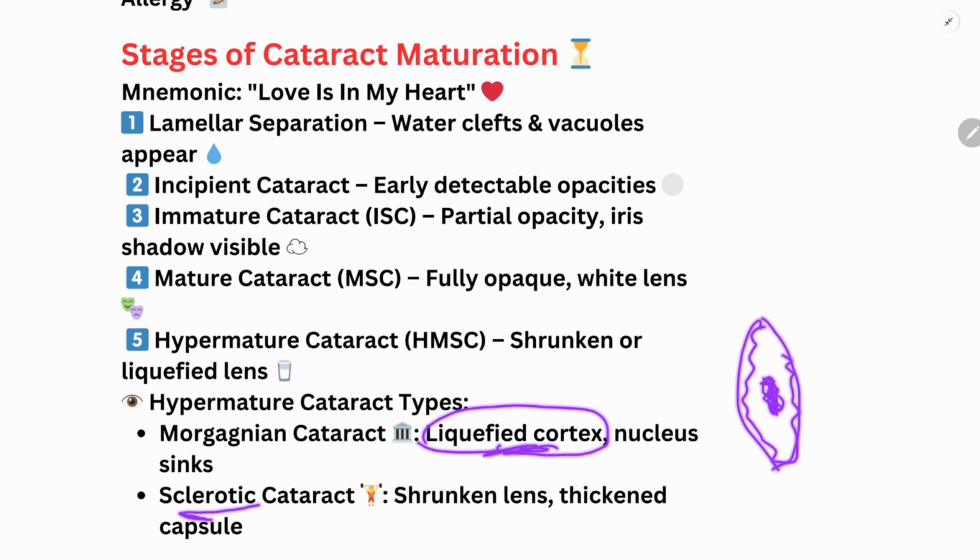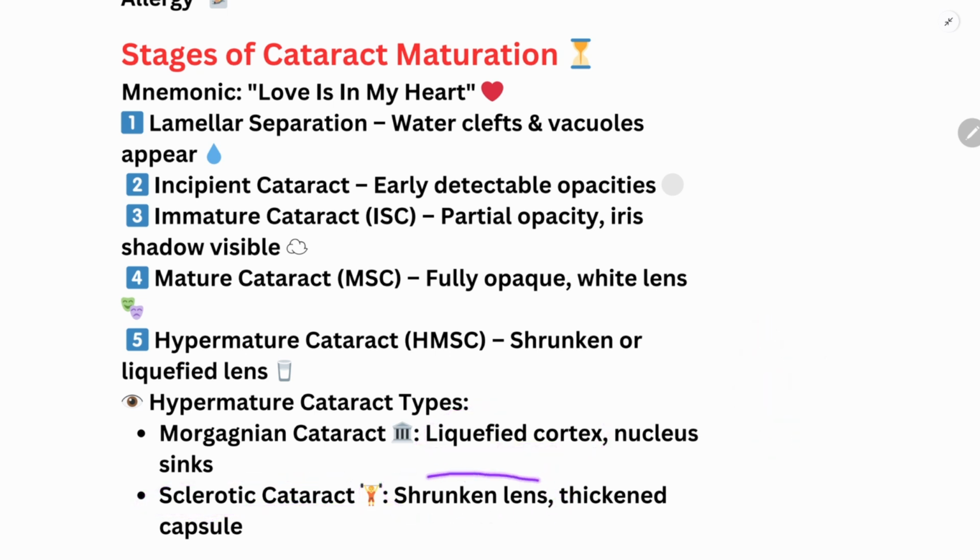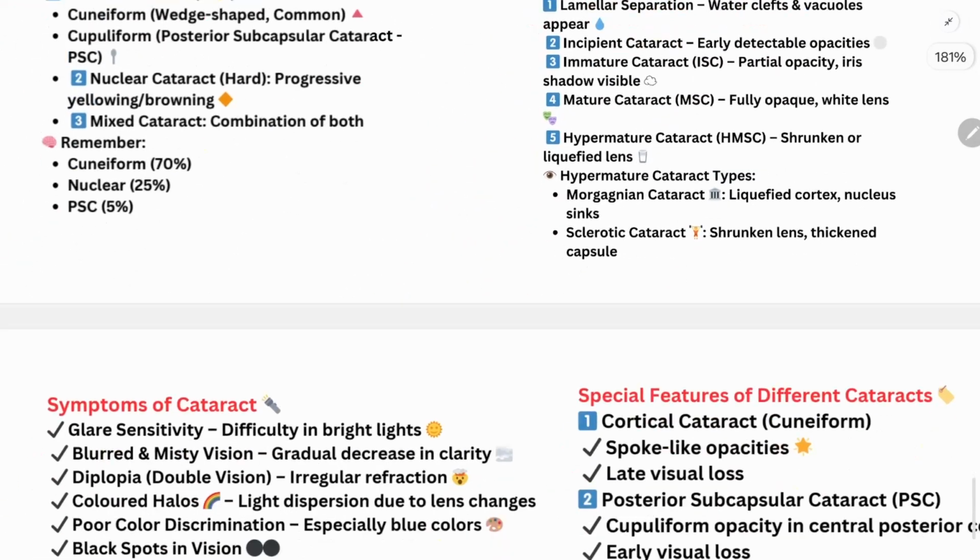Second one is sclerotic cataract. Here you will find a shrunken lens and thickened capsule. The capsule is thickened, the lens is shrunken. So these are the important points that you must remember.